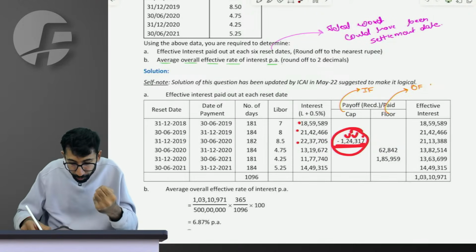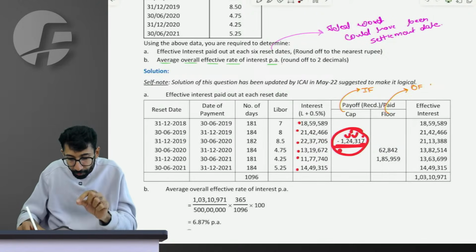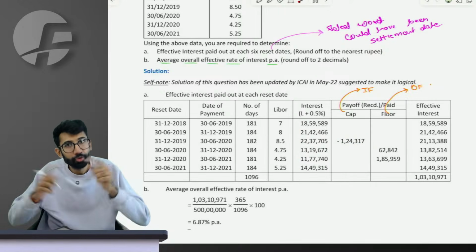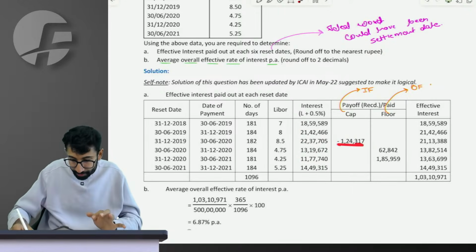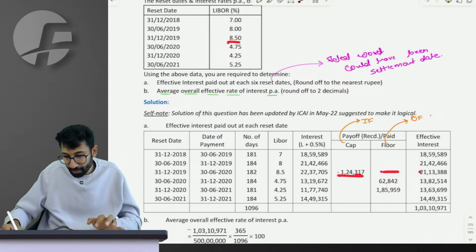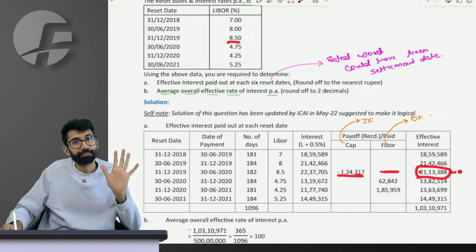So if my outflows I am showing positive, then inflow I will have to show negative. I have to do a net of inflow and outflow. This I receive, floor doesn't get exercised, so net is the net of these two.